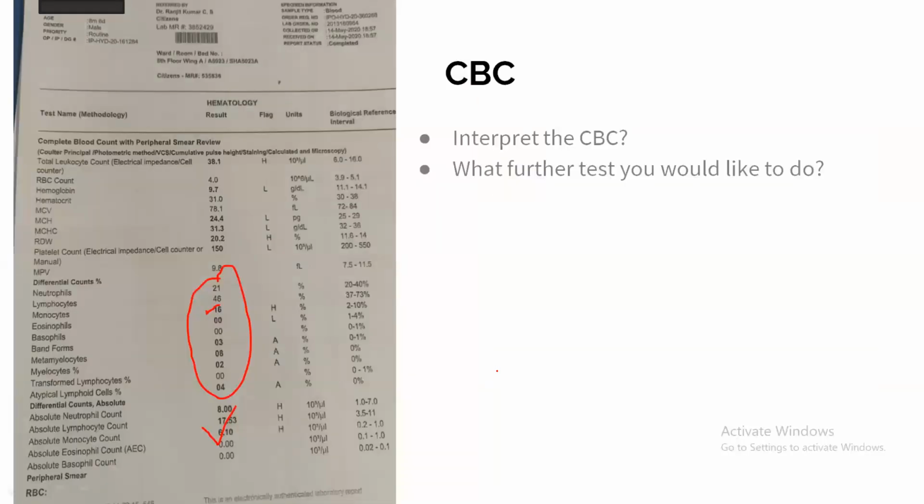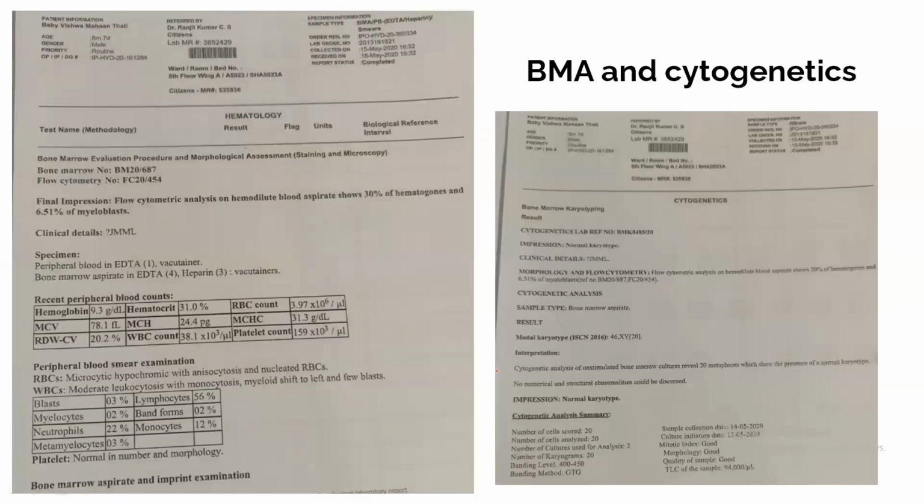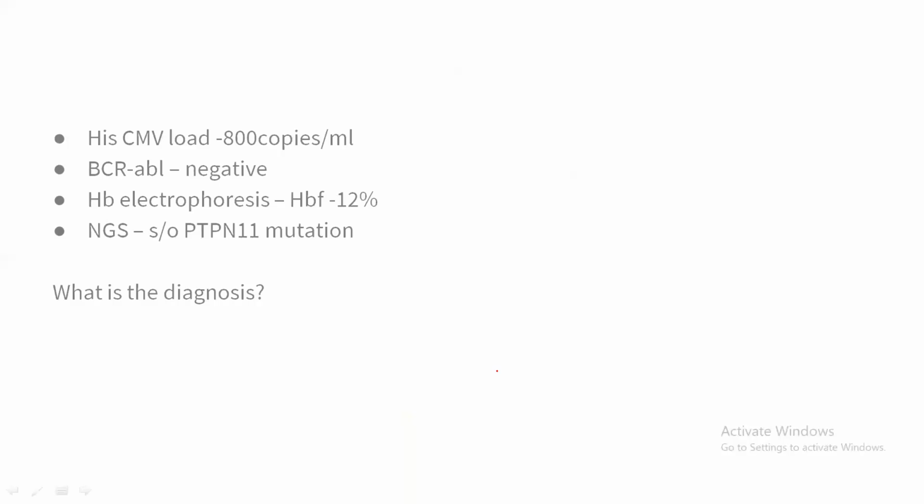We have to look at any bone marrow related issue. So we did the bone marrow. He was found to have juvenile myelomonocytic leukemia, basically. When he came, his CMV viral load was 800 copies, which is not so significant and doesn't warrant any treatment in an immunocompetent patient. BCR-ABL was negative. On HB electrophoresis, the HbF will be pretty high in JMML, so to confirm the criteria we did the HbF levels.